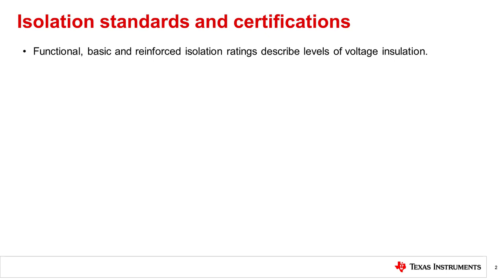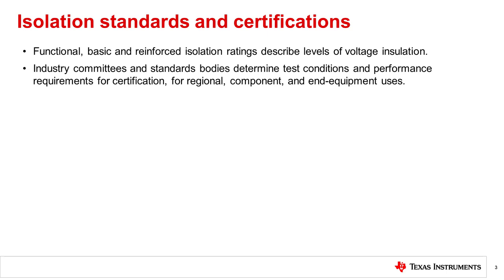We've given a brief introduction to certification standards and discussed that functional, basic, and reinforced isolation ratings are industry standard terms used to describe levels of voltage isolation for performance and safety. That industry safety standards are determined by industry committees and standards bodies, which are comprised of industry experts who provide certifications of performance.